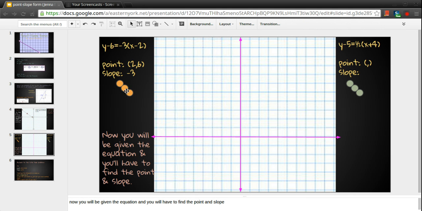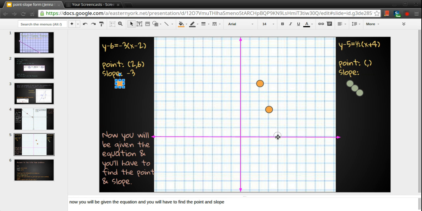Would you guys like to graph this? We're going to anyway. Over 2, up 6. Our slope is -3, so we're going to go down 3 over 1.